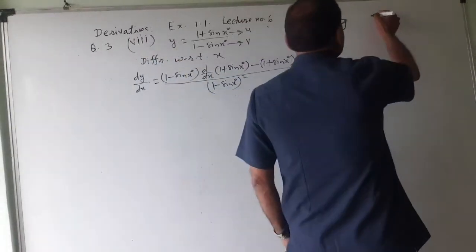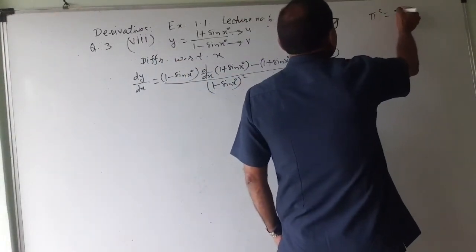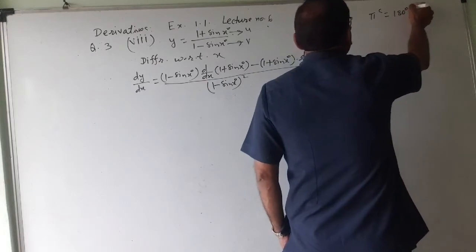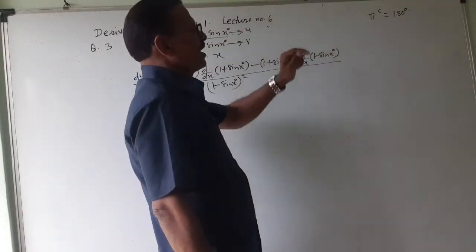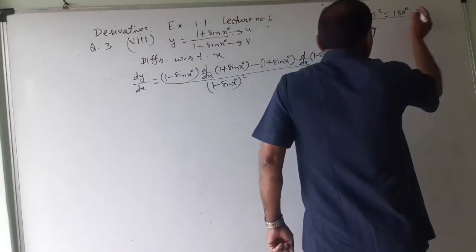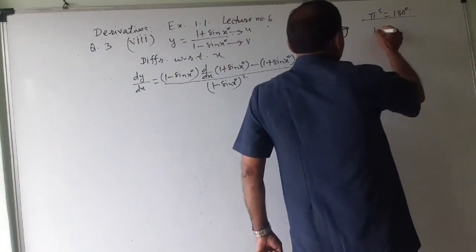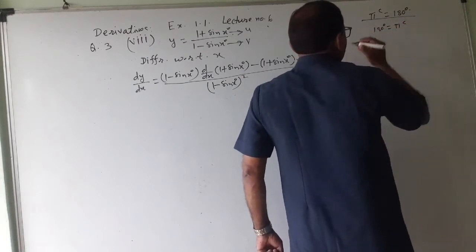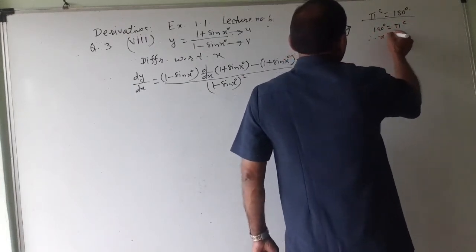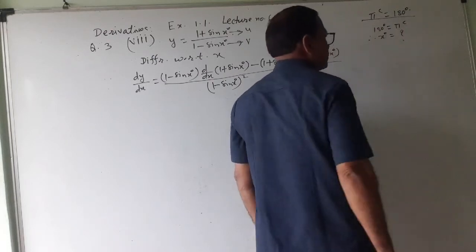But still, pi radian means 180 degree. I want to convert x degree into radian, so this thing only I will change. 180 degree is equal to pi radian. Therefore, x degree is equal to what?